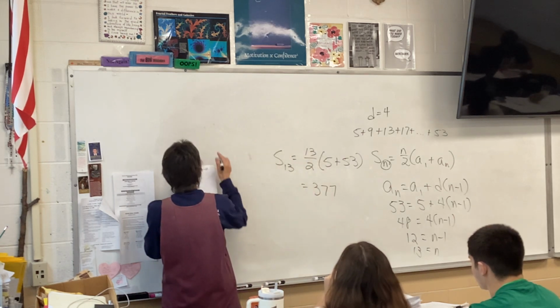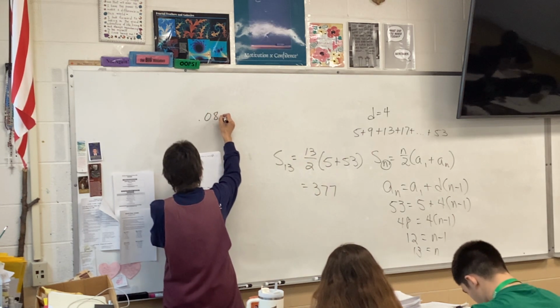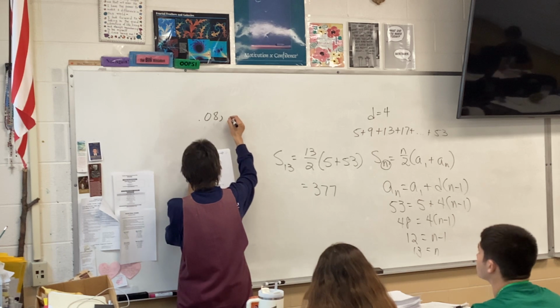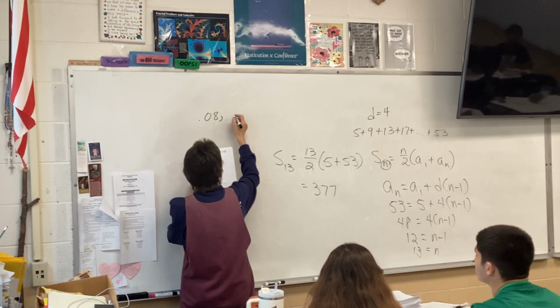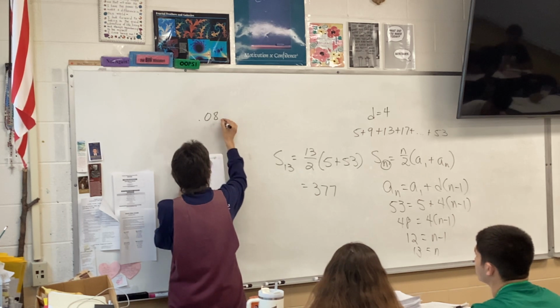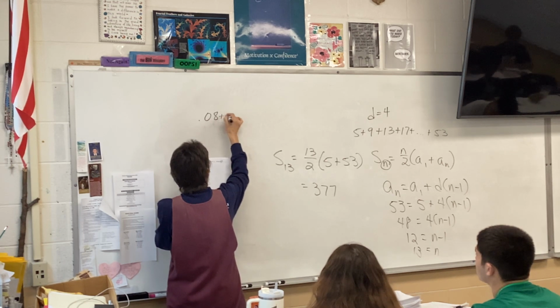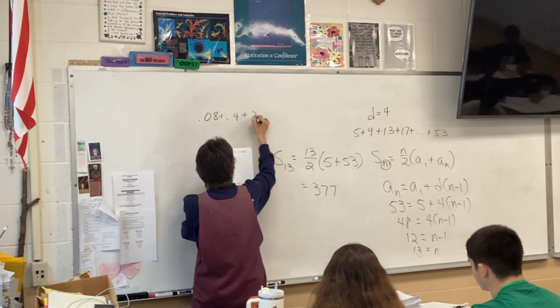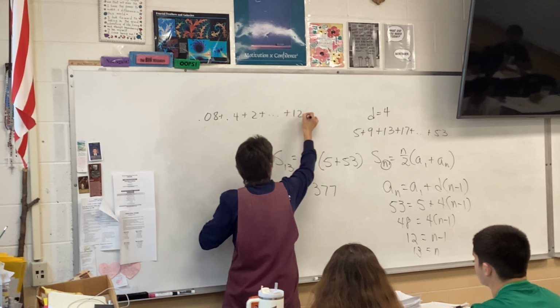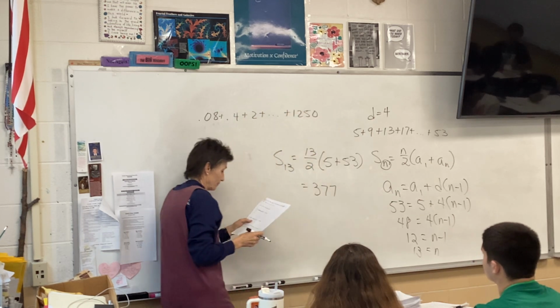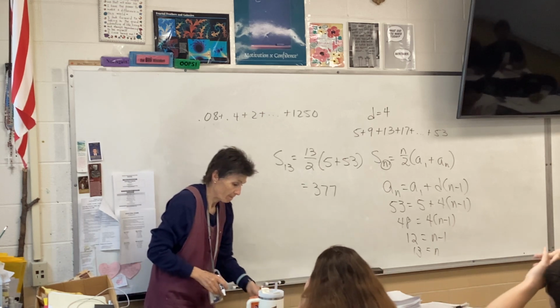All right, we have one more. Take a look at the sequence. First thing you gotta do is figure out what in the heck is going on. I guess I'm adding them, so 4, 2, 12, 15.